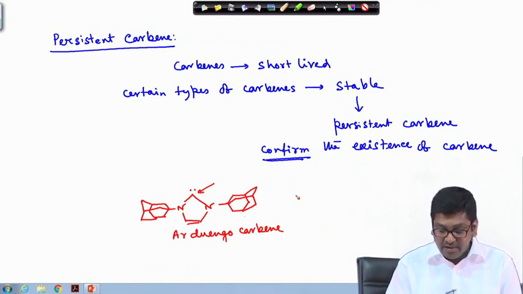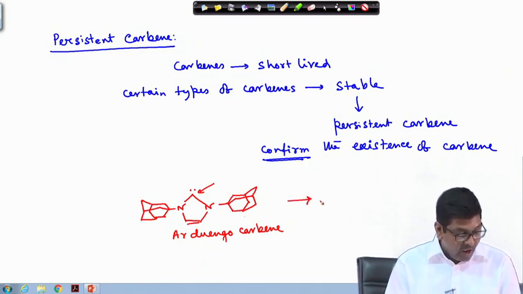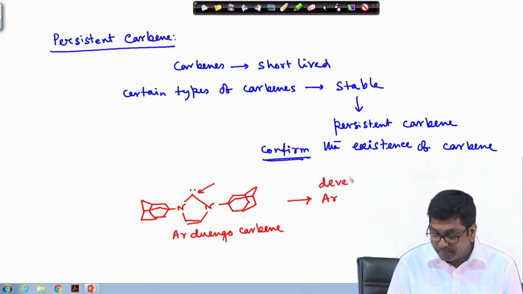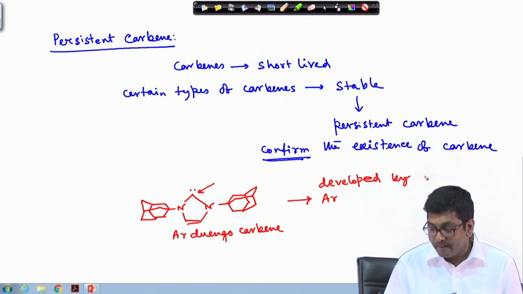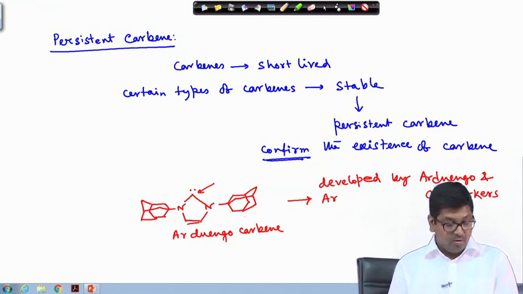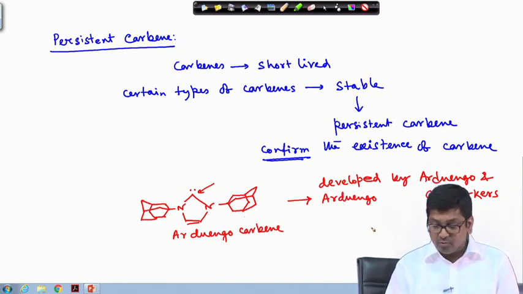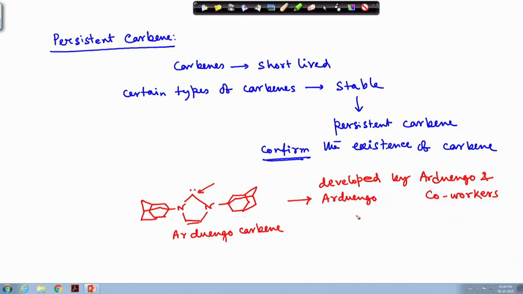And this particular carbene has been developed by Arduengo and co-workers, and that is why these are called Arduengo carbene, and this was developed in 1991.